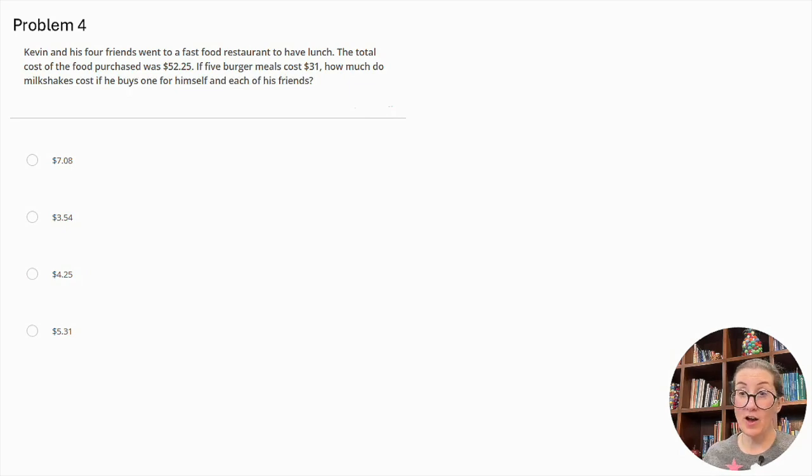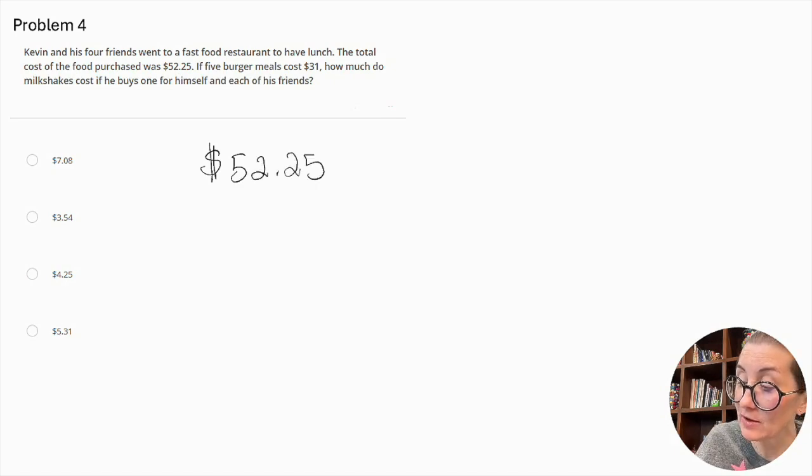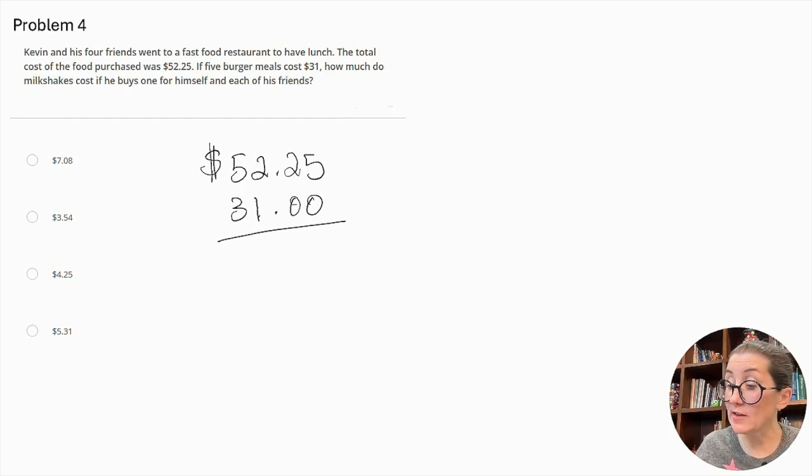So we've got 5 people dining together, Kevin and his 4 friends, and it cost a total of $52.25 for their entire meal. Of that, $31 exactly was the cost of the hamburger meals. So we need to subtract that in order to get the total for the 5 milkshakes.